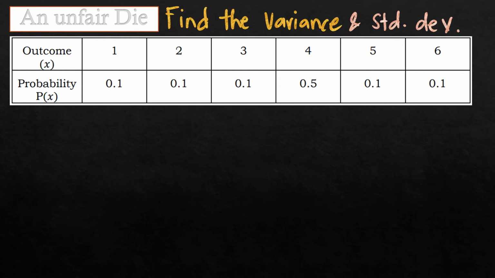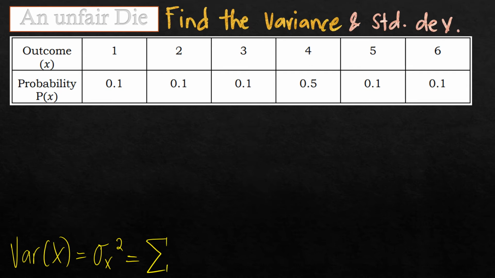From what we learned last time, previously we said that the variance of x, denoted by sigma of x squared, can be solved using the formula summation of x minus mu to the power of 2 times p of x.